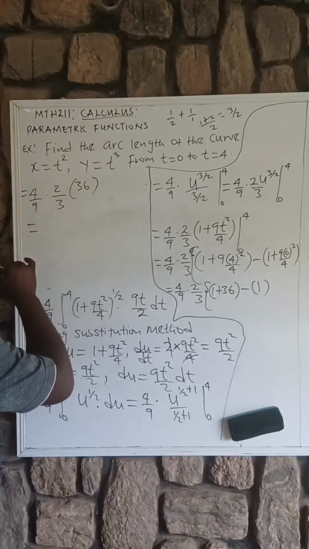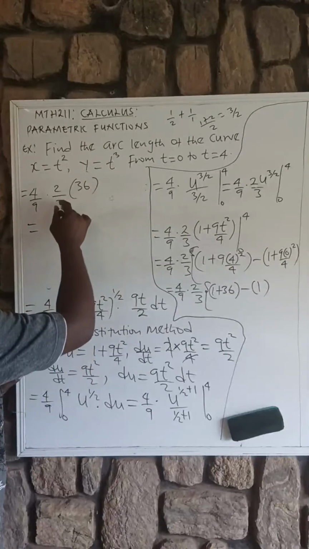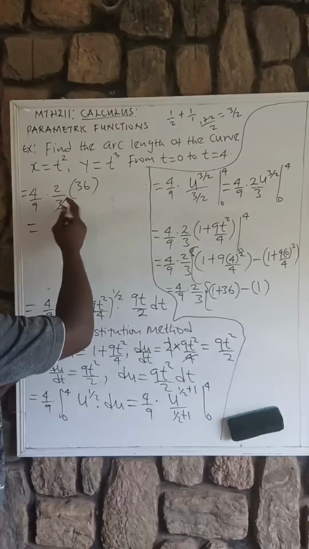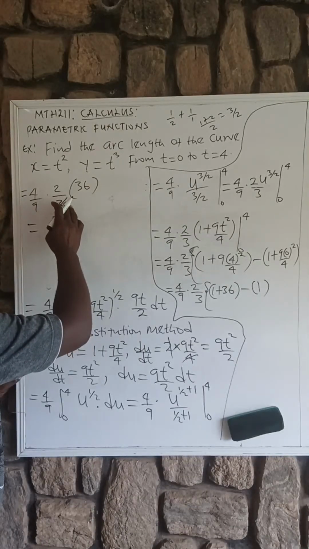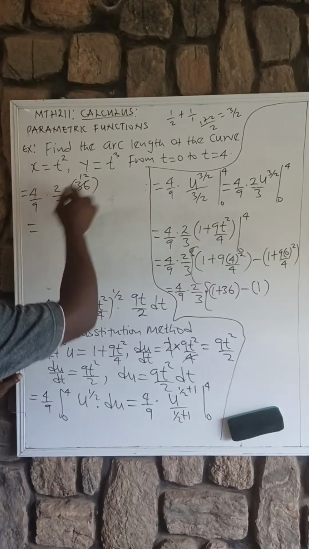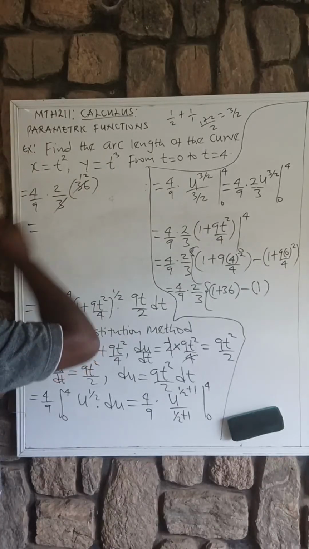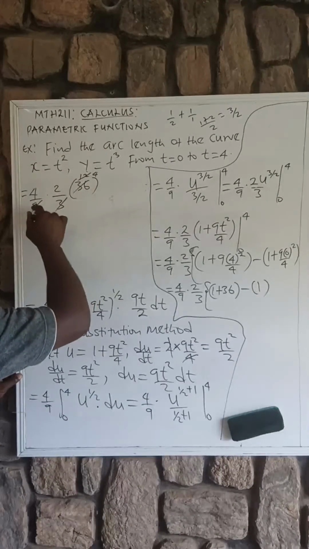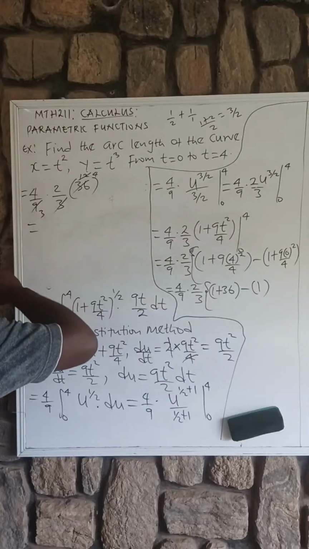So this is equal to, let's just say 3 into 12, right? 3 into 12, 4 into this 3, right?